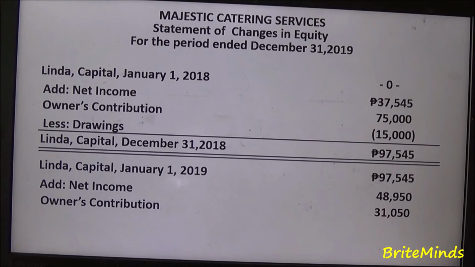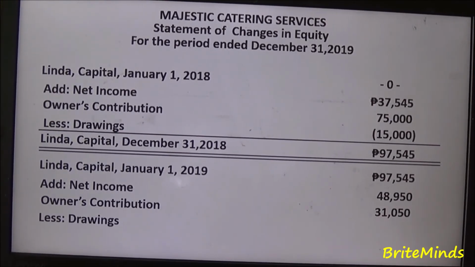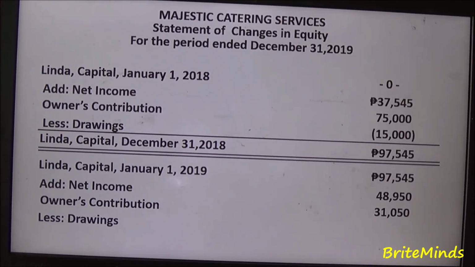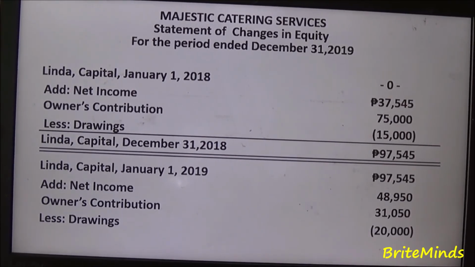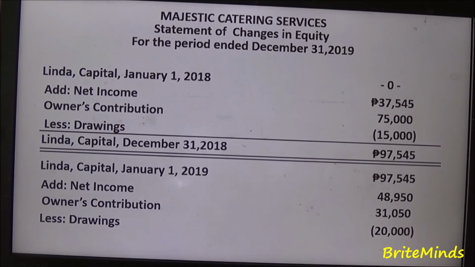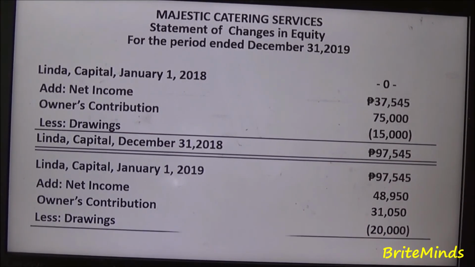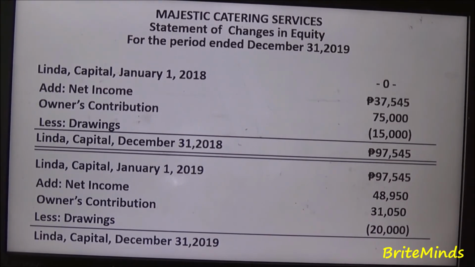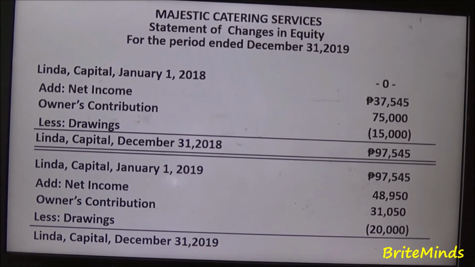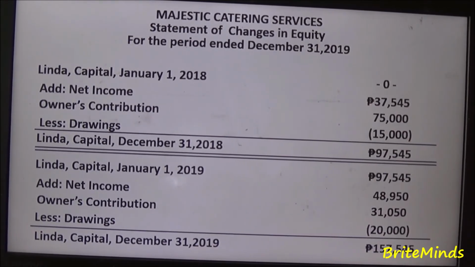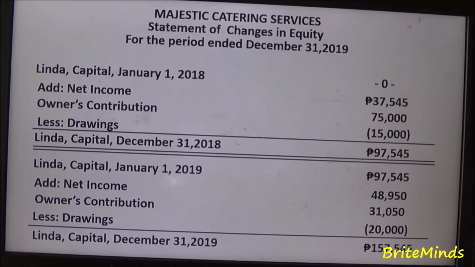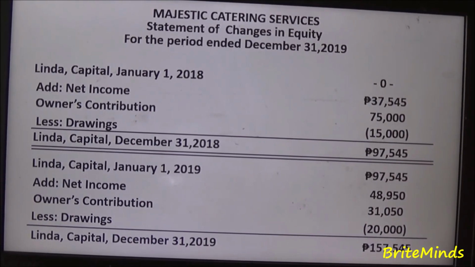And then also the balance of the owner's drawings in 2019 amounted to 20,000. Okay, so we need to deduct the drawings from the equity accounts of the owner. So the ending balance of the owner's capital on December 31, 2019 amounted to 157,545 pesos.